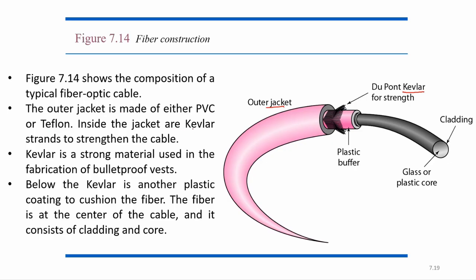Inside the jacket are Kevlar strands to strengthen the cable, different threads of Kevlar material. Below the Kevlar is another plastic coating to cushion the fiber, and the fiber is at the center of the cable and consists of cladding and the core.